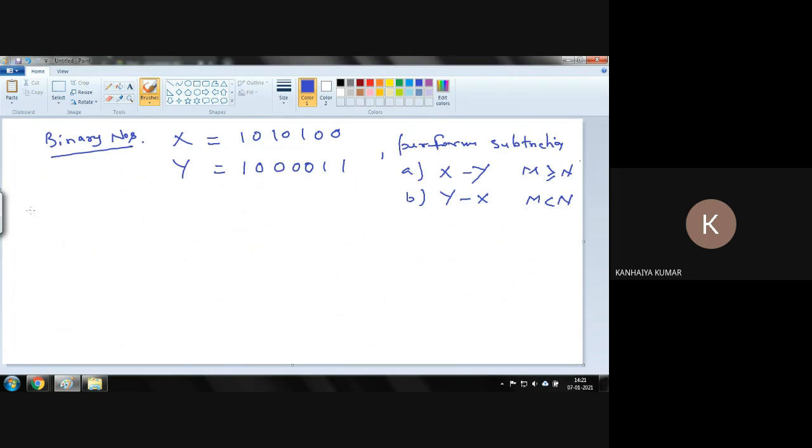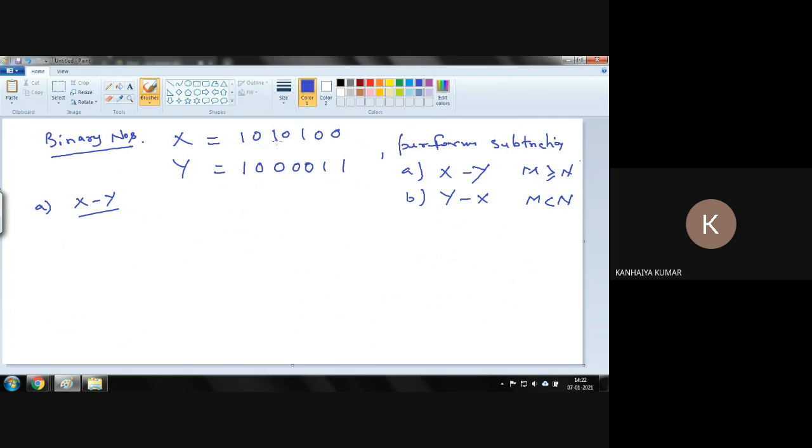So let's solve for the first one, which is x minus y. Okay, so how will you proceed? You can see the position, most significant bit is 1 in both cases, second most significant is 0, third most significant bit of x is 1 and it is 0 in y.